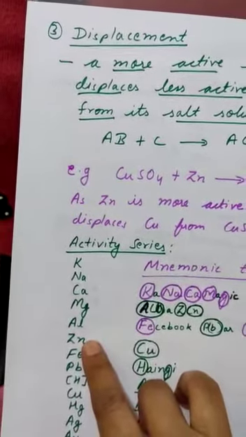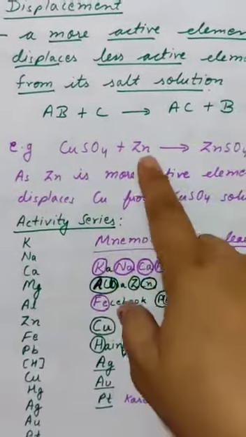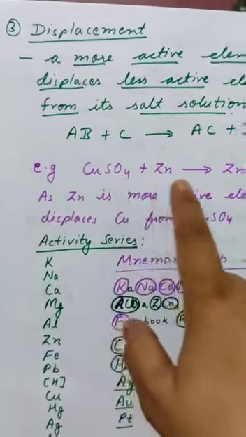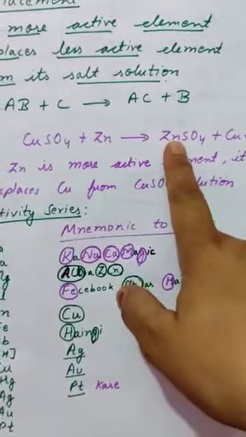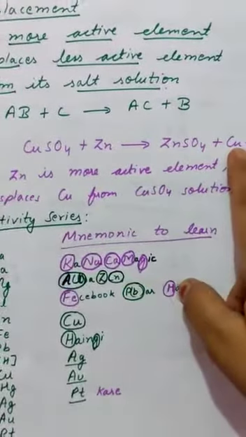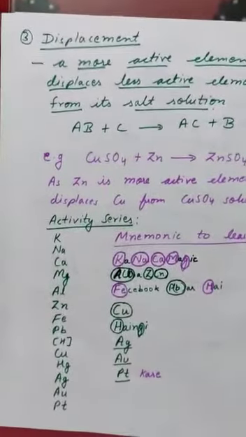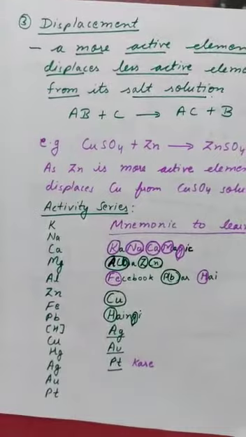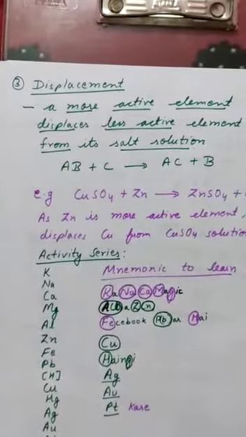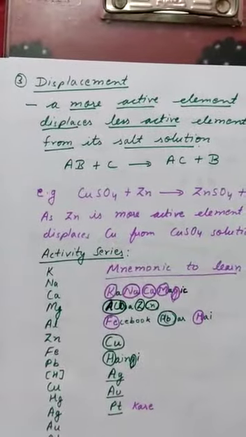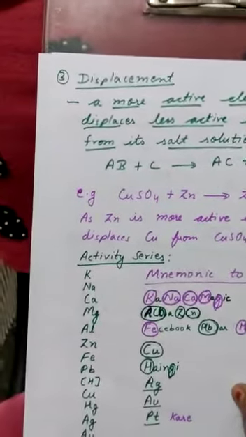So zinc is more active and it will displace copper from copper sulfate solution to form zinc sulfate, and this copper is being given out. So this is displacement reaction in which a more active element displaces a less active element from its salt solution.